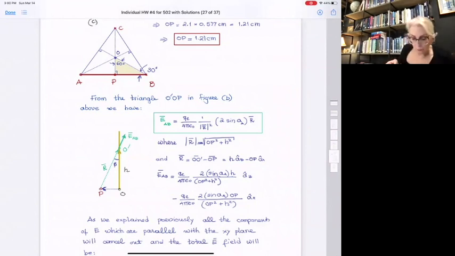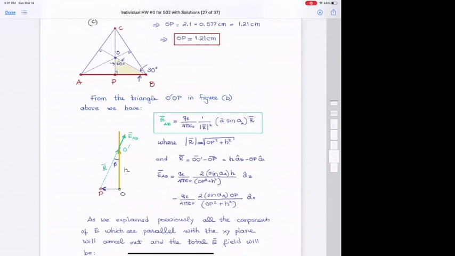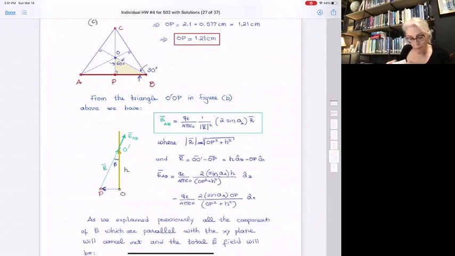Let me get one second. I'm trying to find the formula from the book so you can make a reference.